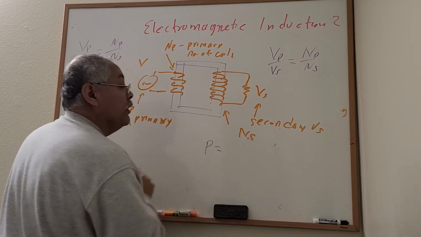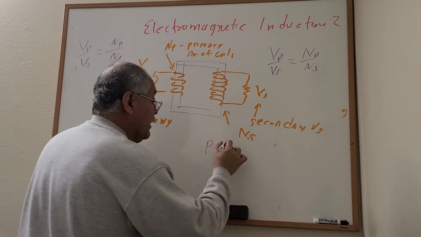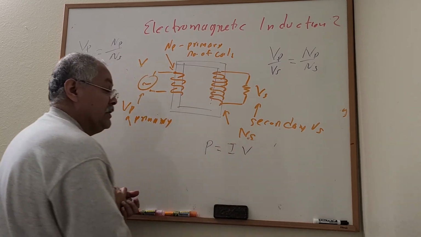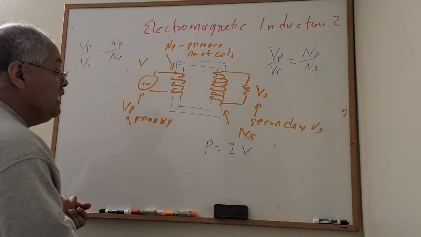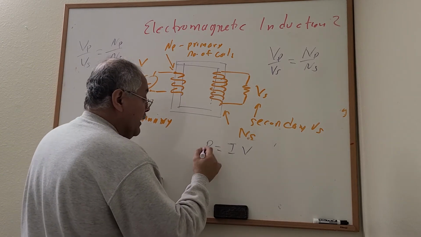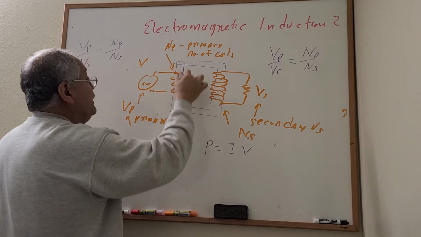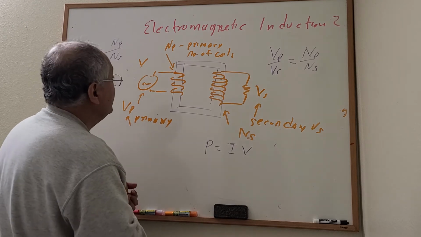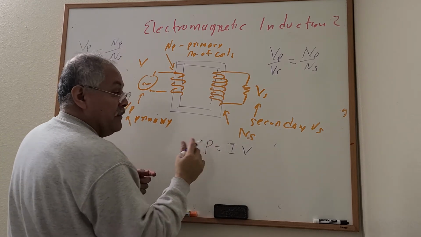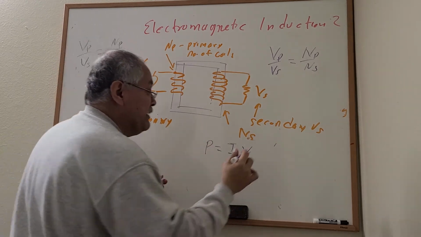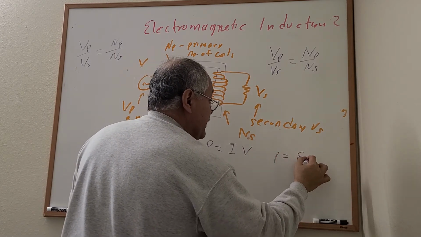Power is equal to current times voltage. We call this the power created by the number of loops in the primary, because power is related to energy. Remember, power is equal to energy divided by time.